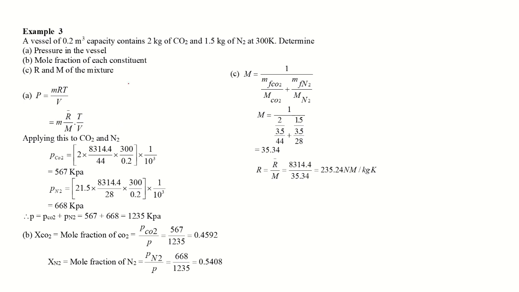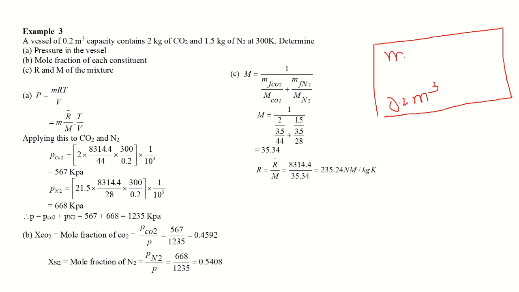Let us consider another example. A vessel of 0.2 meter cube capacity, total volume. It contains 2 kg of carbon dioxide. Mass of carbon dioxide is equal to 2 kg.